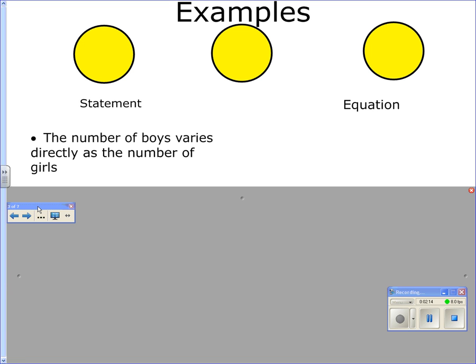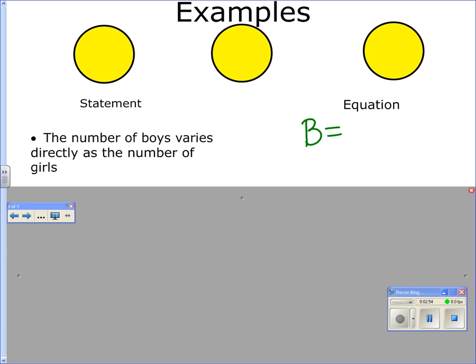So looking at an example, the number of boys varies directly as the number of girls. The problems will actually have more information than this, but we're just looking at how to set up the equation. What thing comes before the word varies? Boys. So boys, when it says varies, you write equals.